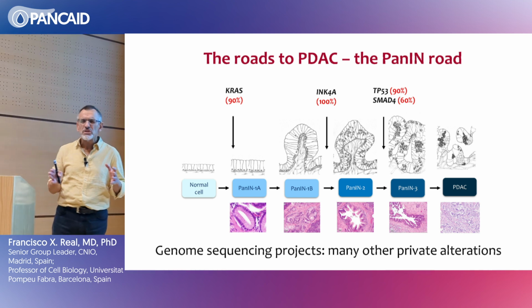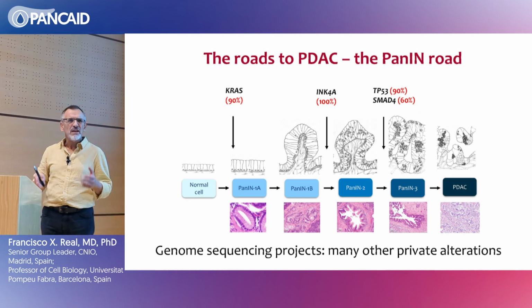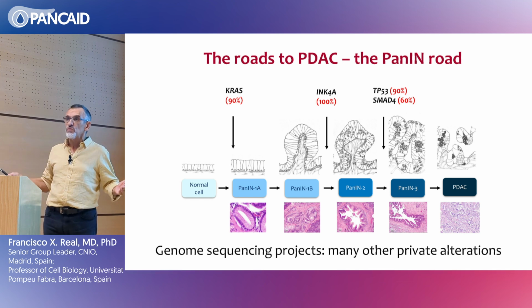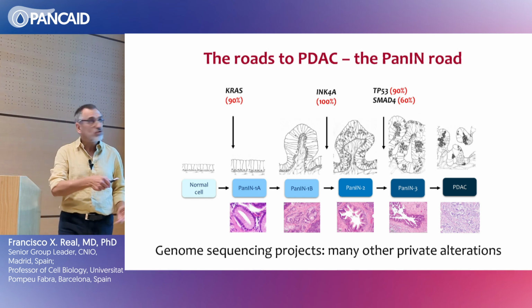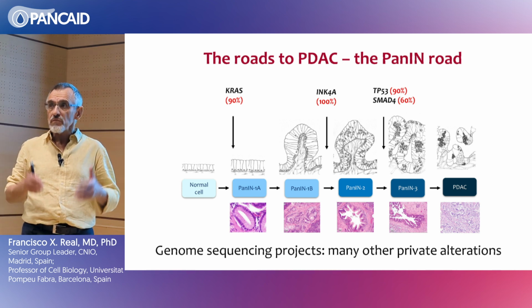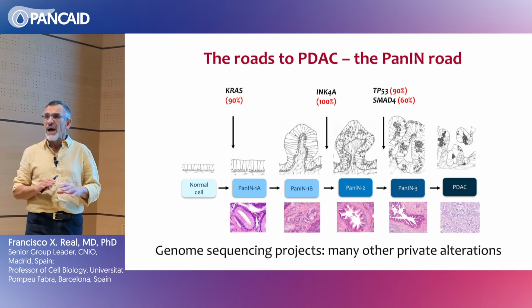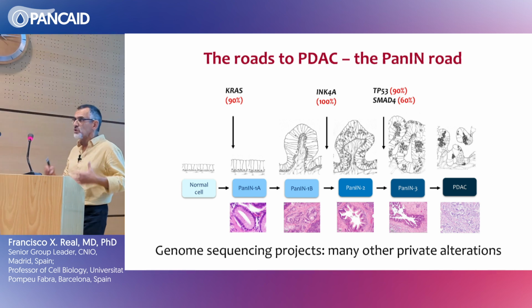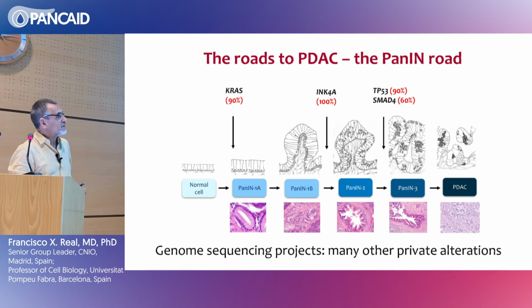So the first message I want to say: this is a genetically very homogeneous tumor. It seems that alterations in these 4 genes are a sine qua non condition for the development of pancreatic cancer. I cannot think of any other tumor in humans that behaves exactly this way.